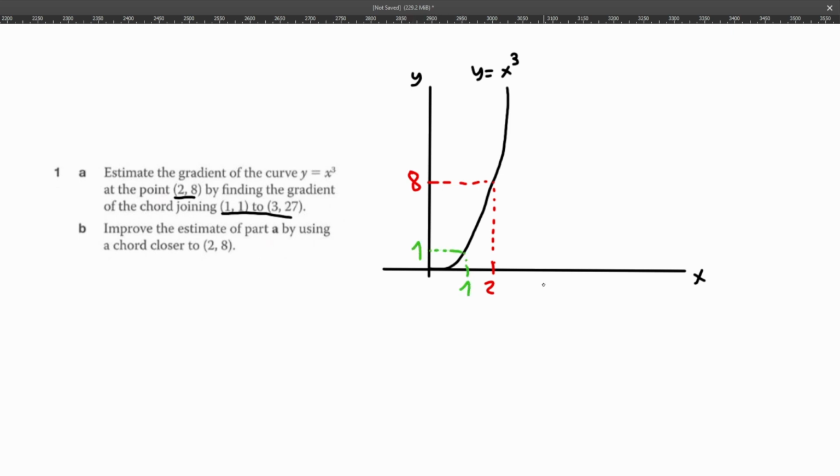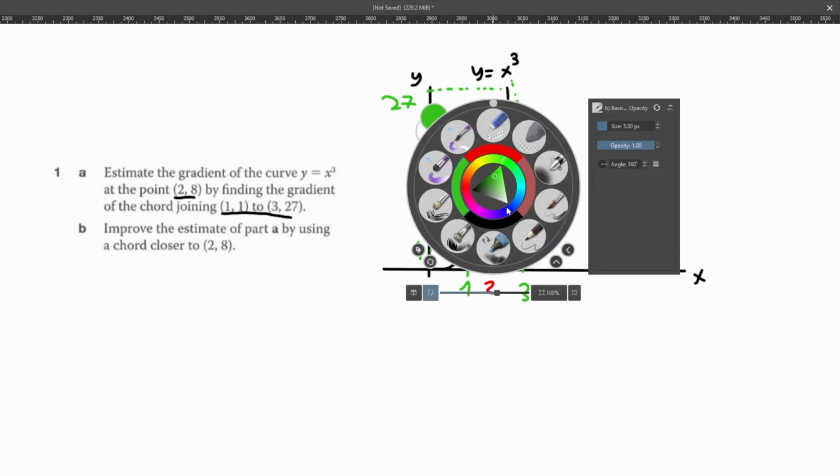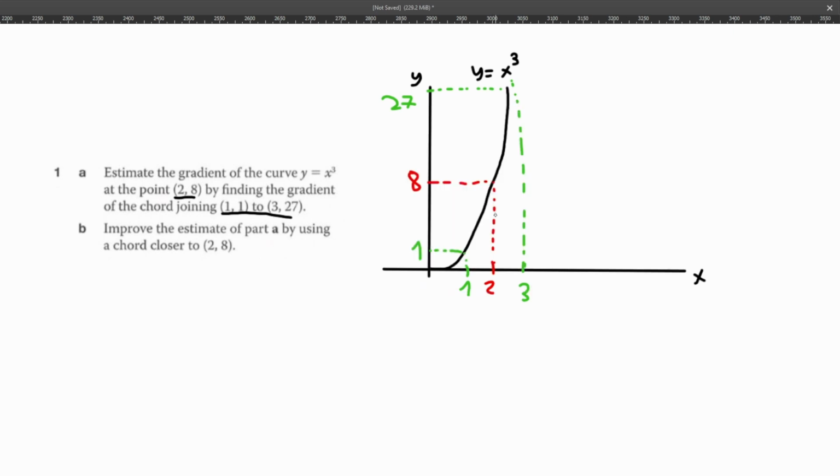The graph doesn't reach here, but (3, 27). Now, we can estimate the rate of change at this point right here, I'm going to color that blue, at (2, 8), by calculating the slope of this line between (1, 1) and (3, 27), and this right here would be our chord.